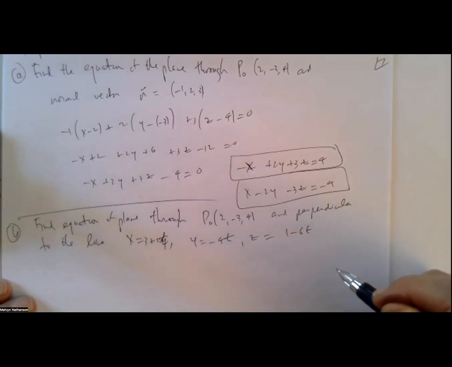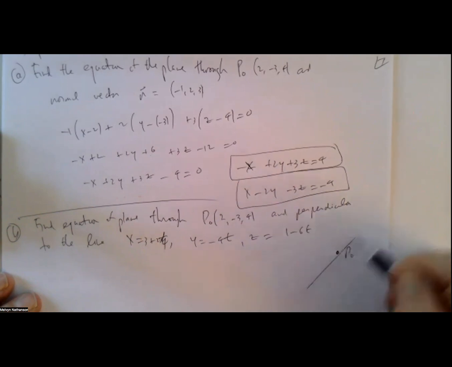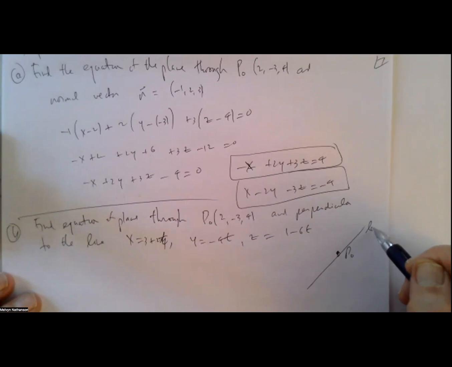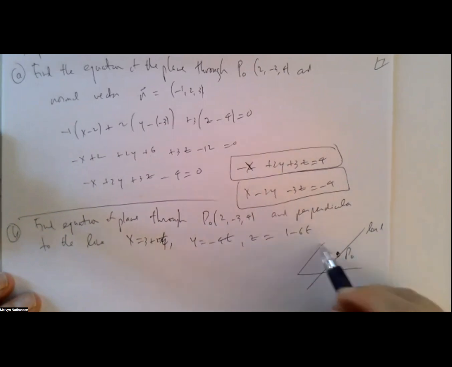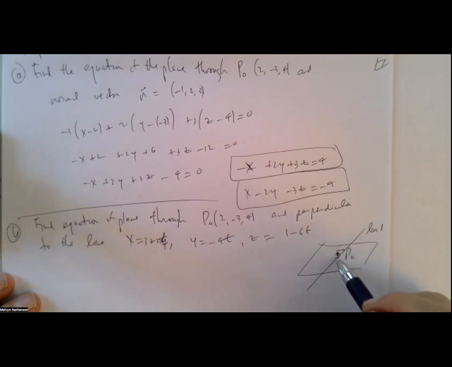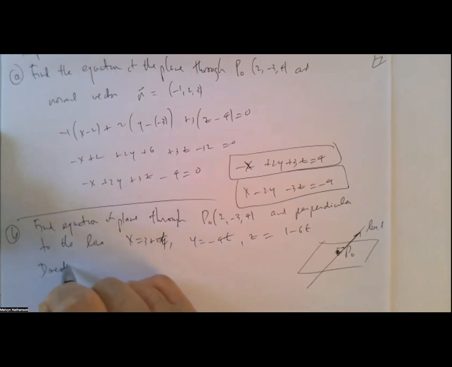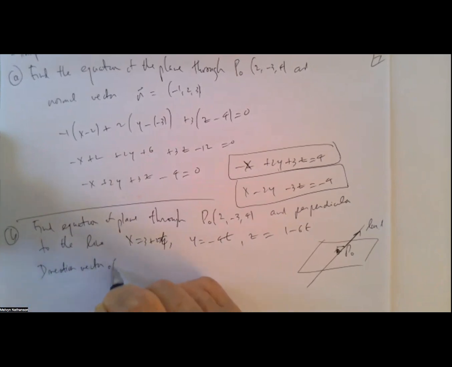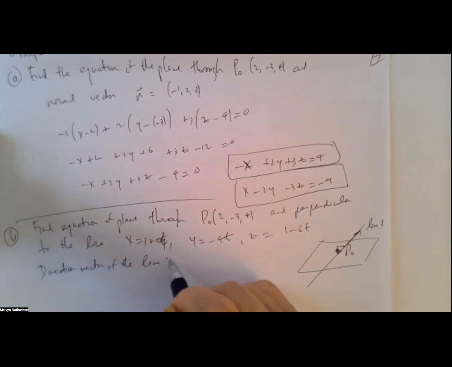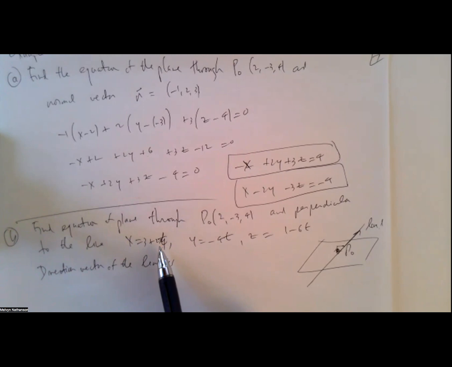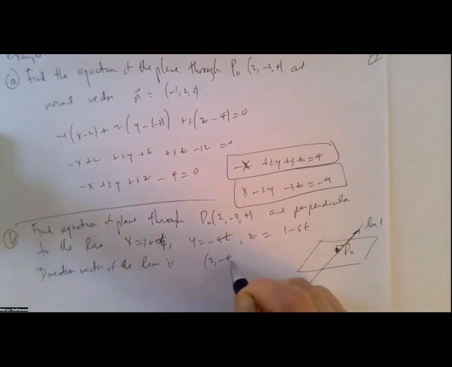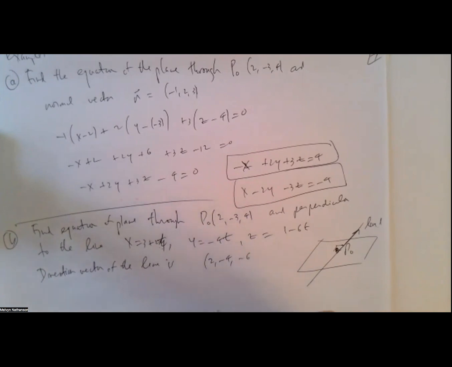So geometrically, here's what we have. We have a point P naught, and going through the point P naught, we have some line, L. And we want to find the plane through P naught perpendicular to the line L. So all we need to find is the direction vector of this line L. So the direction vector of the line is given by the coordinates of the coefficients of t, 2, -4, -6.